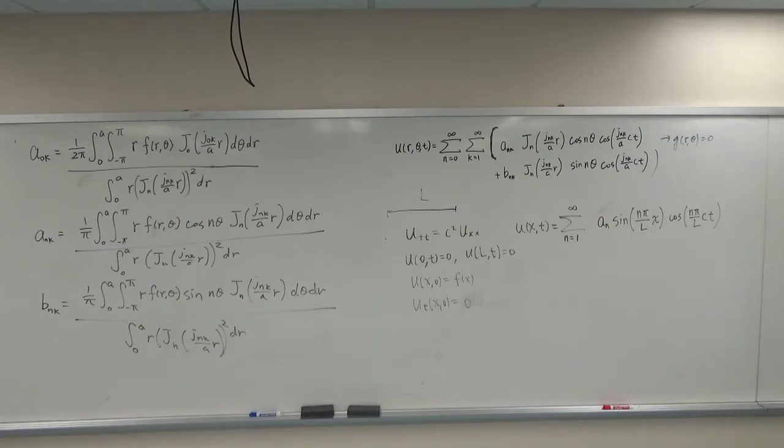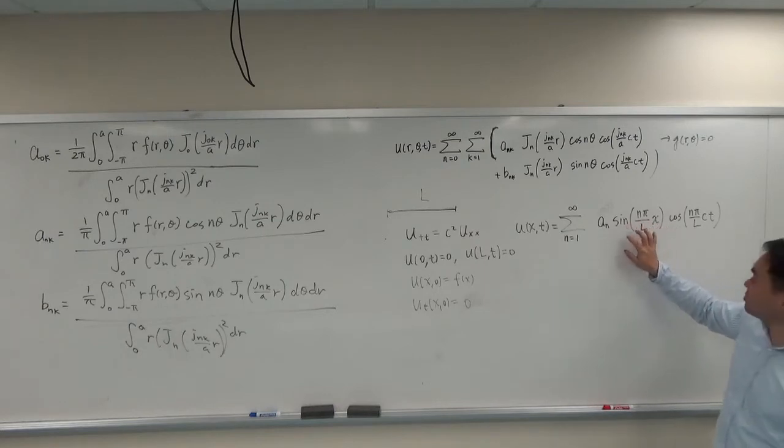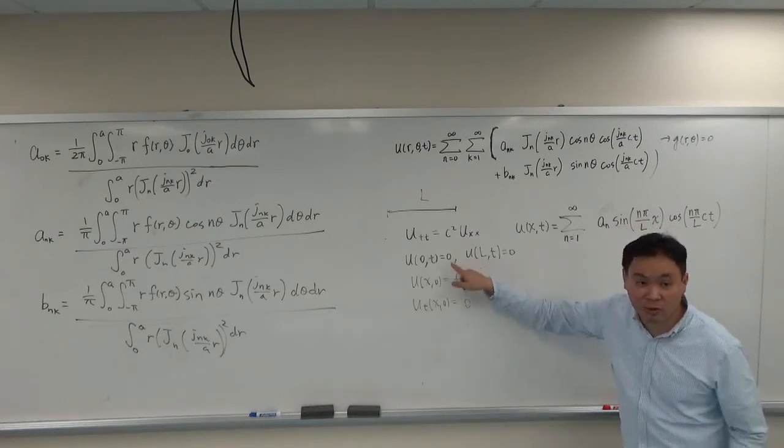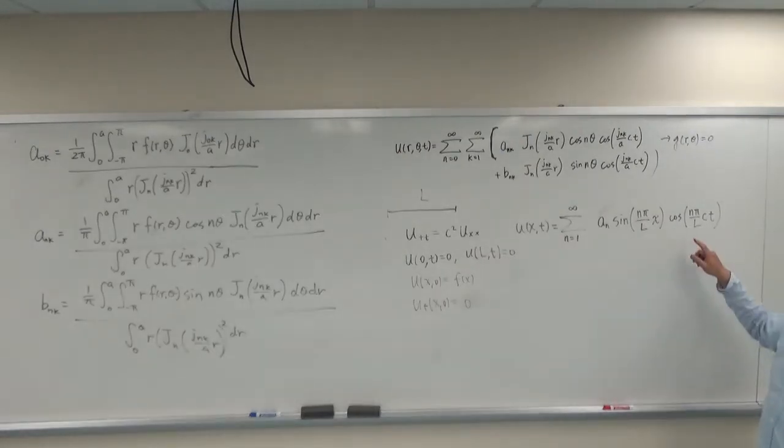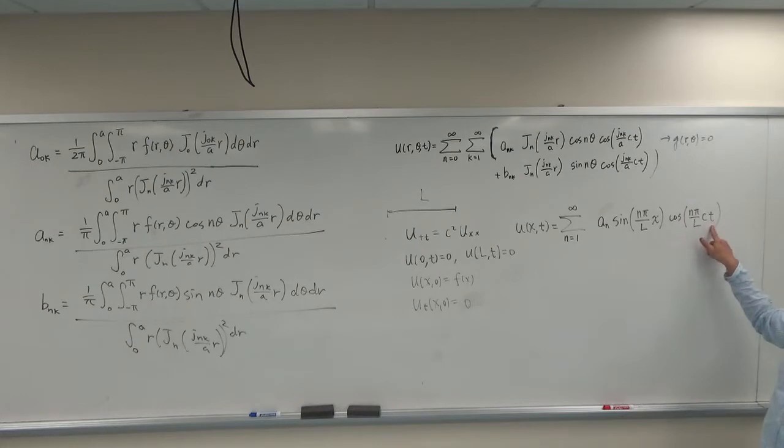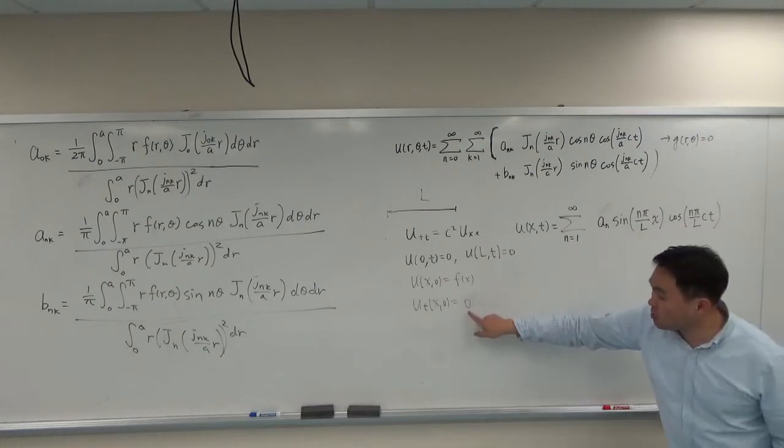Now, the reason you have this solution is because, first of all, when x is 0, sine 0 is 0, and when x is L, sine of n pi is 0, so these two conditions are satisfied automatically. Whereas this one, when you plug in time t equal to 0, gives you some non-zero value, whereas when you differentiate this and plug in 0, you get the derivative as 0.